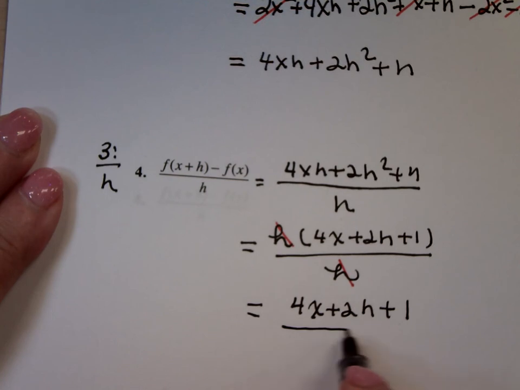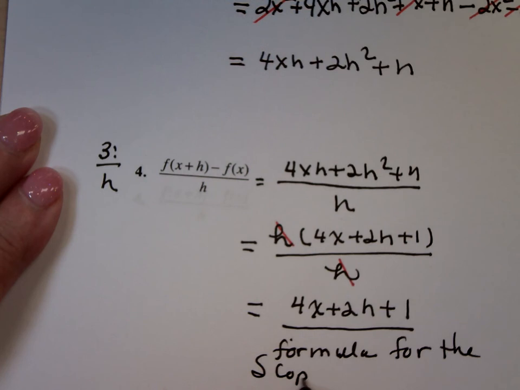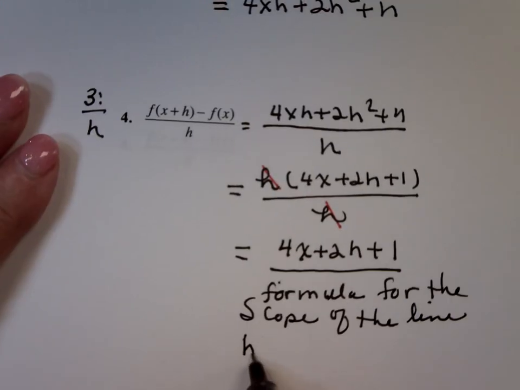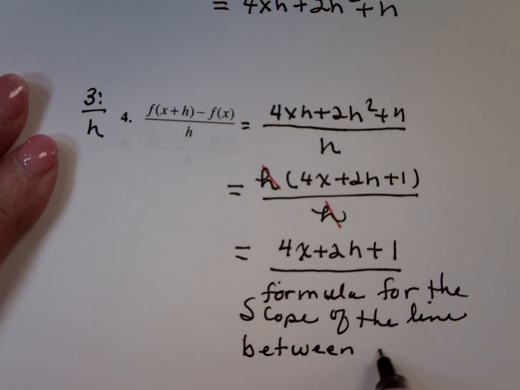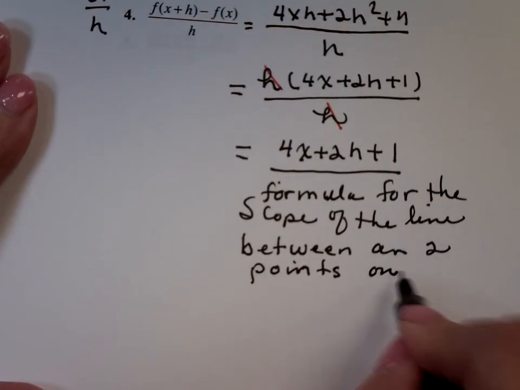Now this is a formula for the slope of the line between any 2 points on our original problem.